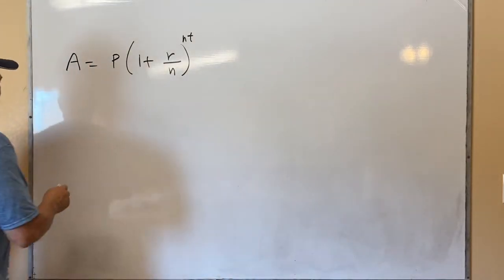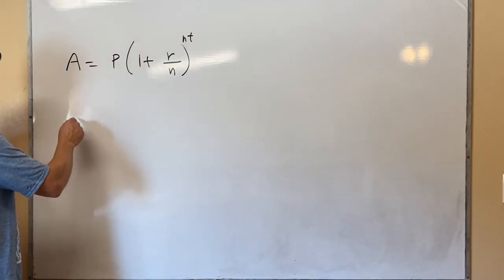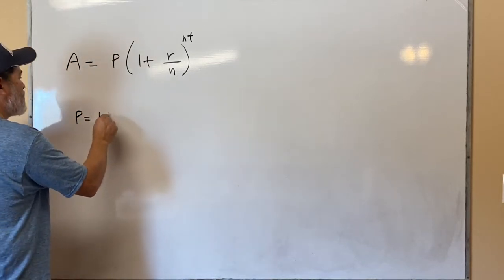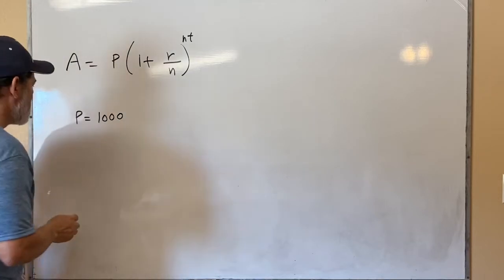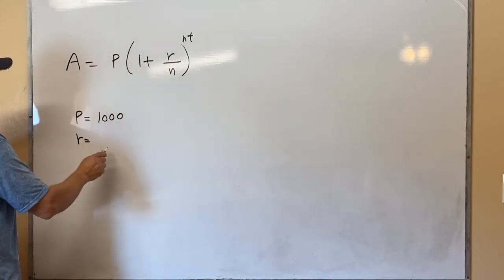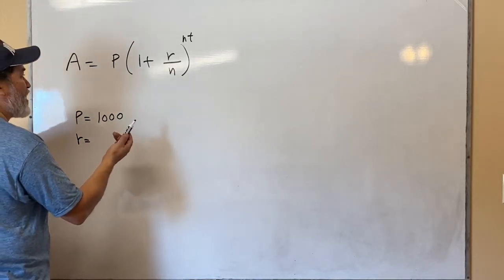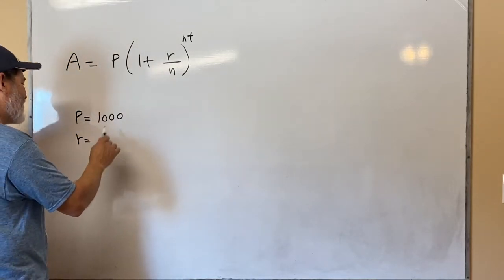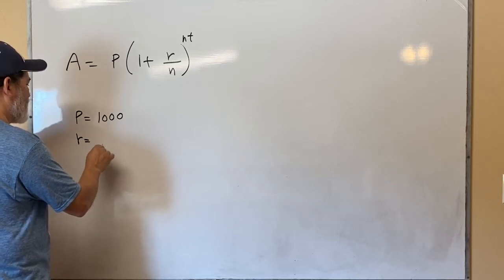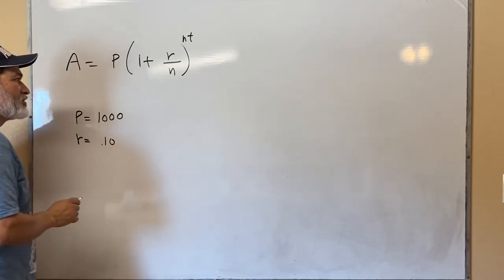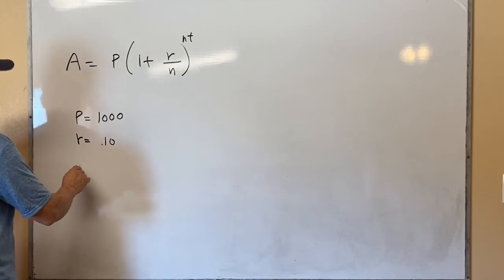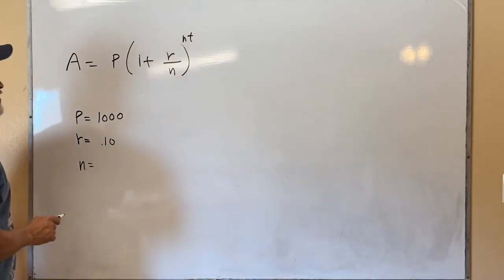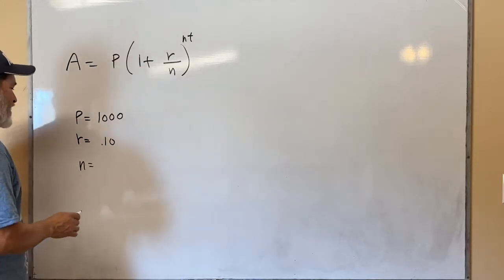So for example, if P equals $1,000, the rate is, let's say, 10%, 0.10. And n compounds per year, let's say n is 2.